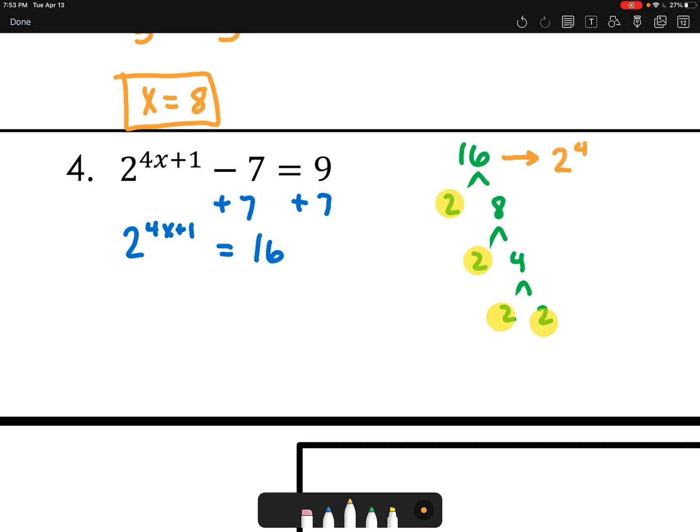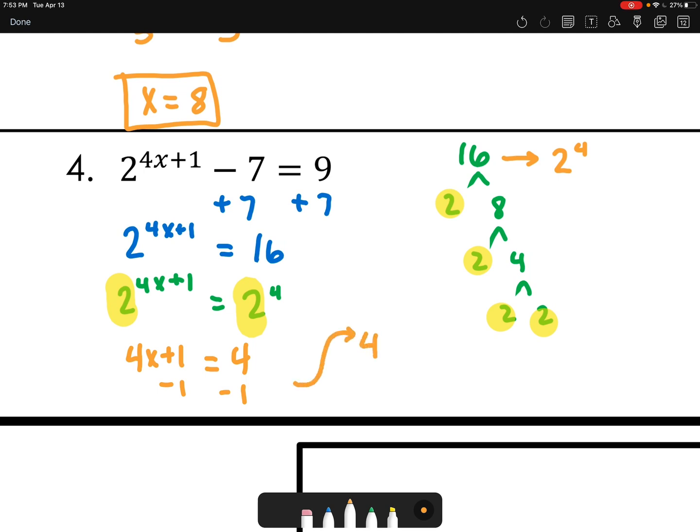So now I'm going to end up with 2 to the 4x plus 1 equals 2 to the 4th. Now that my bases match, I can say that 4x plus 1 equals 4. Then I'm going to subtract 1 from both sides, end up with 4x equals 3, divide by 4 on both sides, and end up with x equals 3/4.